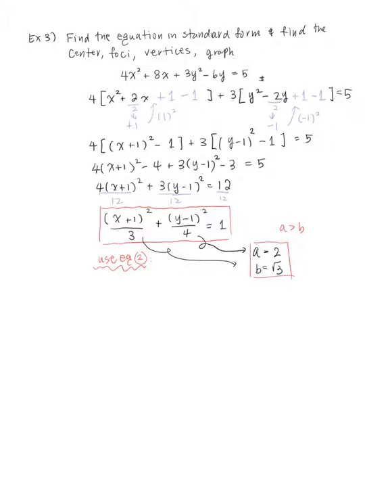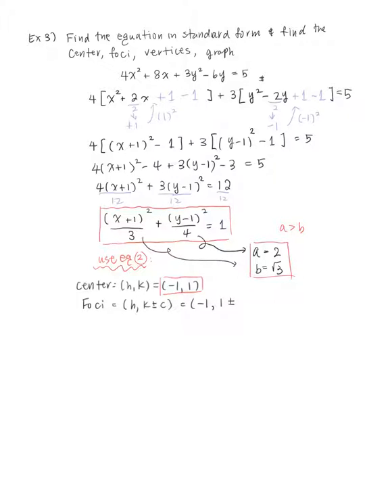So let's follow the formula. So center is h comma k. So in this case, what do we get? Negative 1 comma 1. Next one is foci: h comma k plus or minus c. So in this case, negative 1 comma 1, and then plus or minus c, but we don't have c yet.